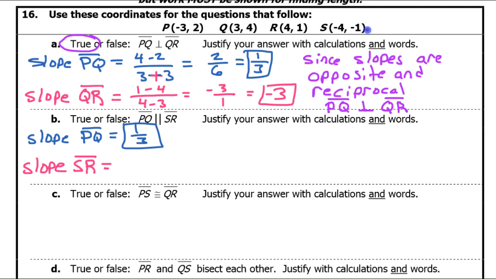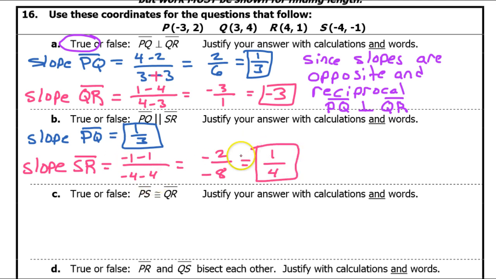So again, I'm doing y minus y. So that's going to be negative 1 minus 1 over x minus x, so negative 4 minus 4. That's going to be negative 2 over negative 8. So that's going to be positive 1/4.